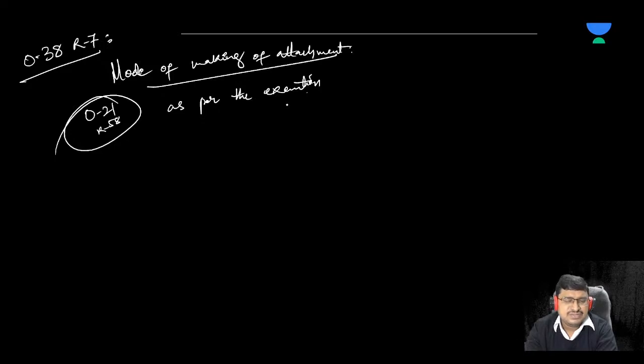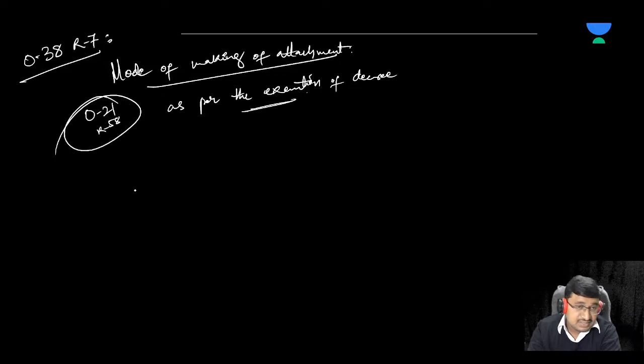This is a procedure generally followed in execution proceedings. Therefore, according to Order 38 Rule 7, as per the mode of execution of a decree, the attachment before judgment has to be made on the immovable property.